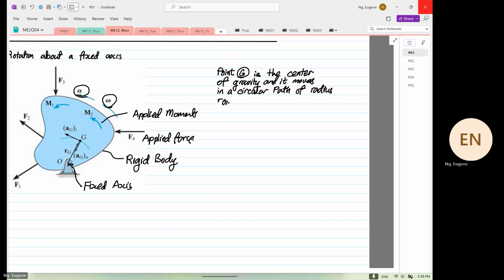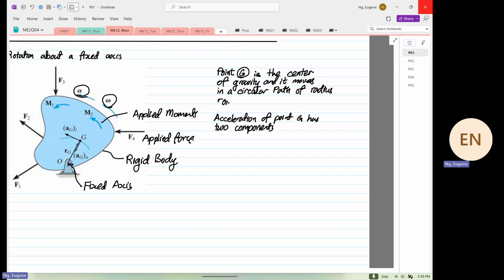The thing to take note of is that the acceleration of point G has two components, and you have seen this before.